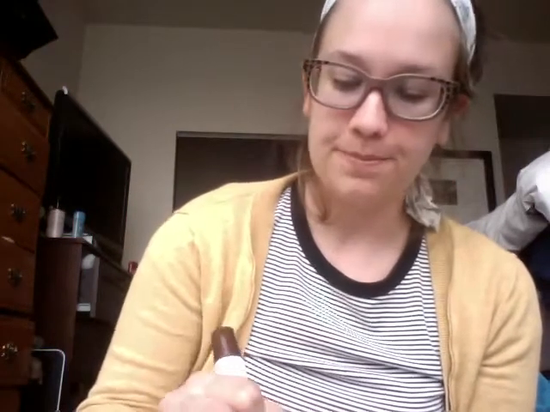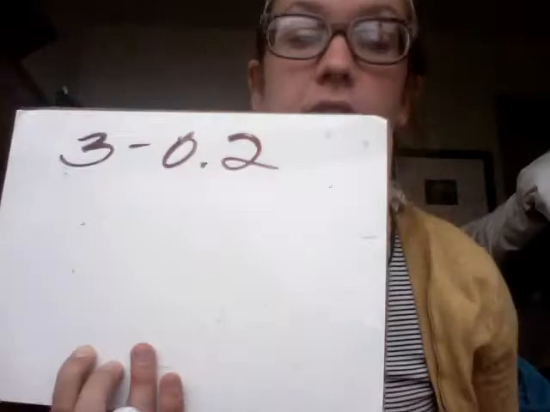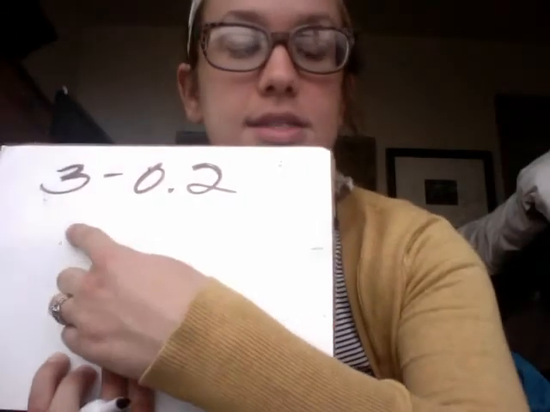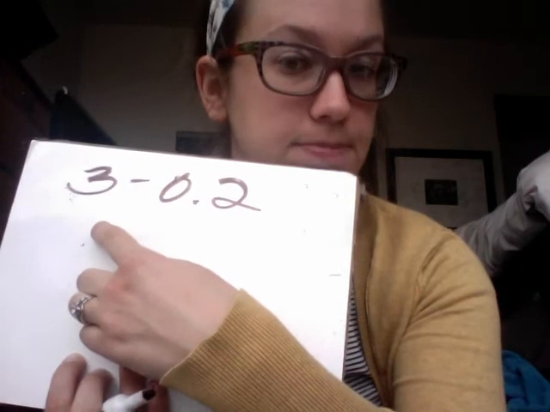So now let's look at C. C, we're subtracting 2 tenths from 3. Okay, now what you could do, let's see what they do. They change one of their ones, so we have 3 ones. They change one of those into 10 tenths.